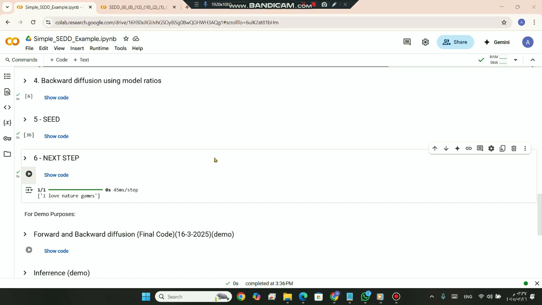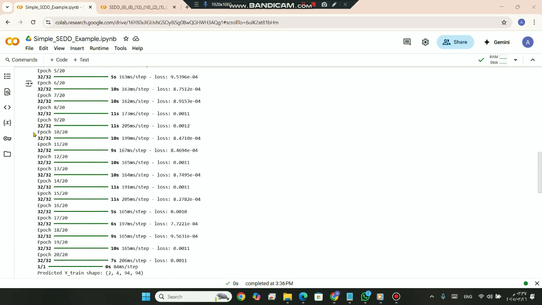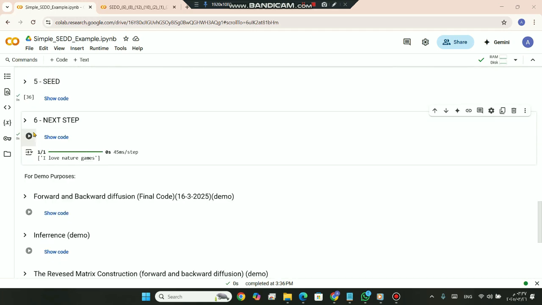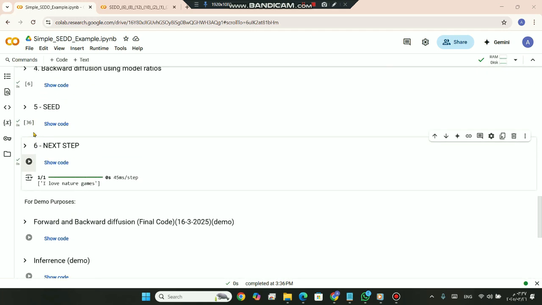So frankly speaking, if we just have this very tiny data set over here, and it was able to come up with all those beautiful, meaningful combinations, can you imagine if you have millions and millions of training data? That will be a different story.